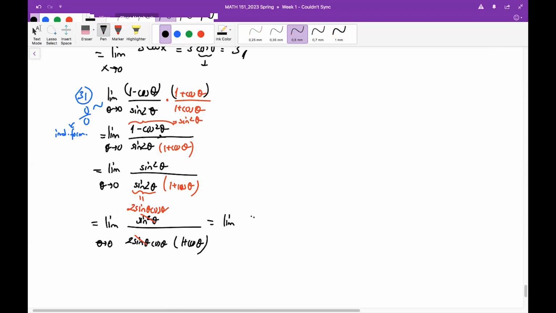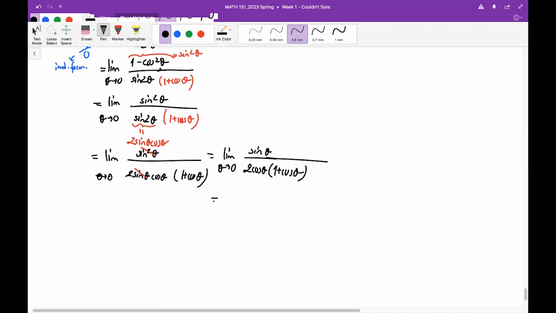Okay, now we get rid of 0 over 0 by simplifying sine theta from numerator and denominator. Then what we have is just sine theta in the numerator, and we have 2 times cosine theta times 1 plus cosine theta at the denominator. Now I think we are safe to insert theta goes to 0 because we already simplified the zeros that cause us the indeterminate form. Okay, insert. Sine 0 is what?